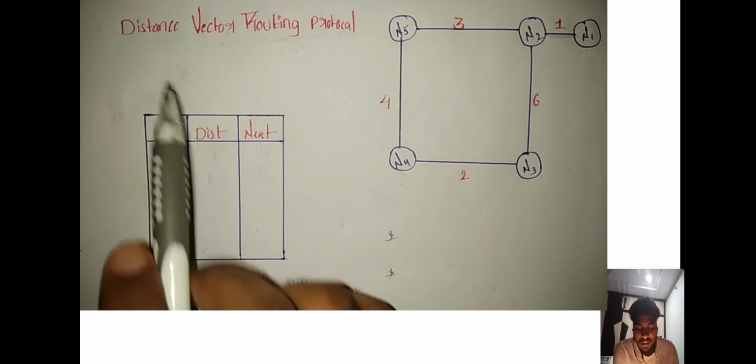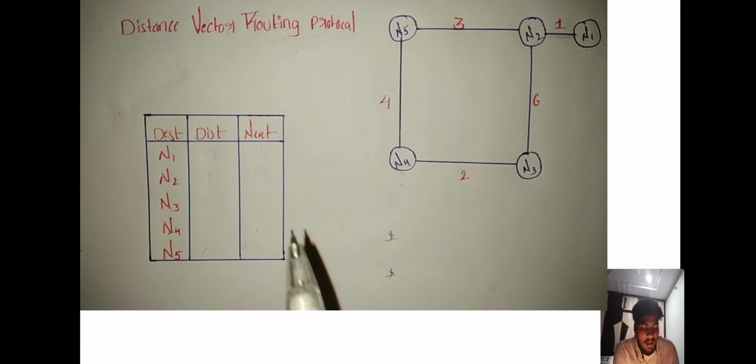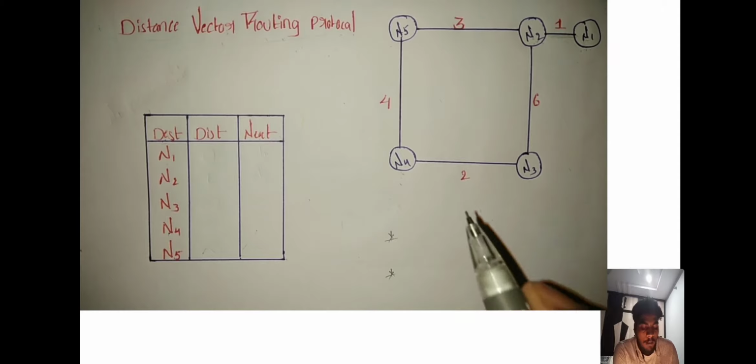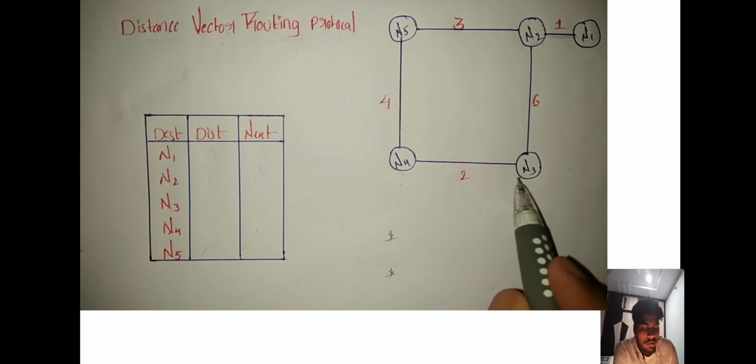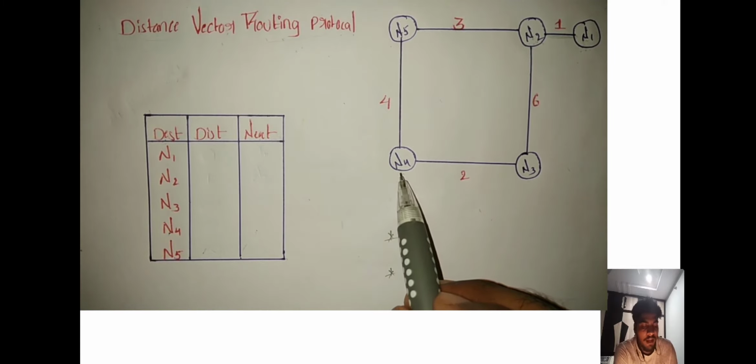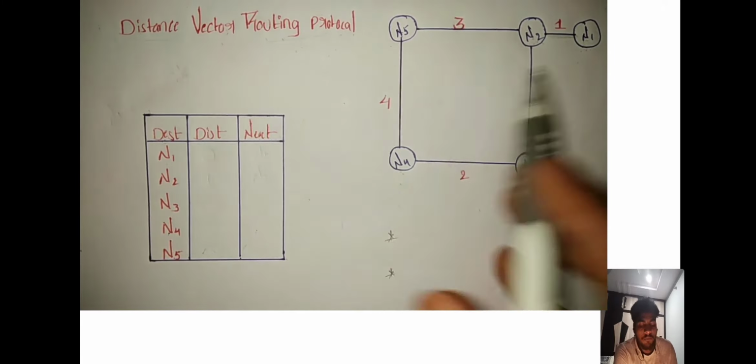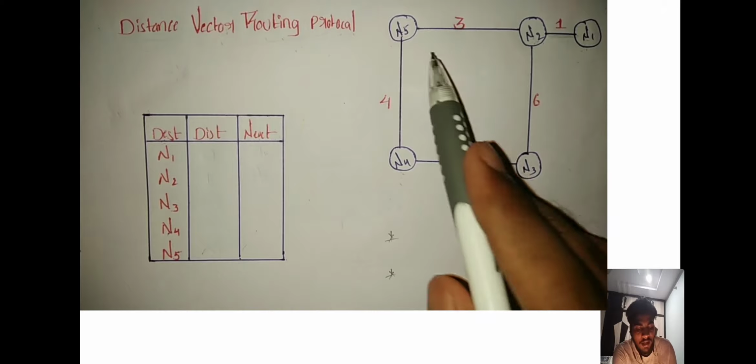The second condition in the distance vector routing protocol is a router will only know about its neighbors. That means N4 only knows N3 and N5. N2 only knows N3 and N5.